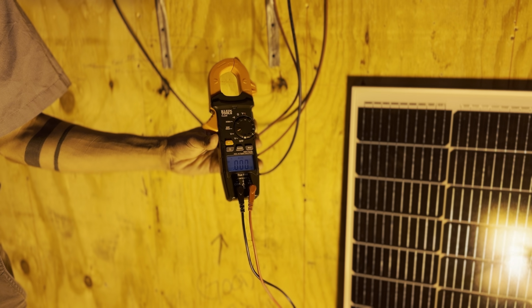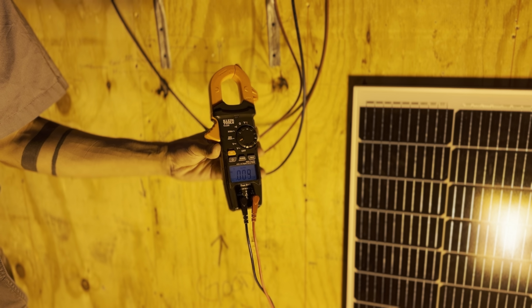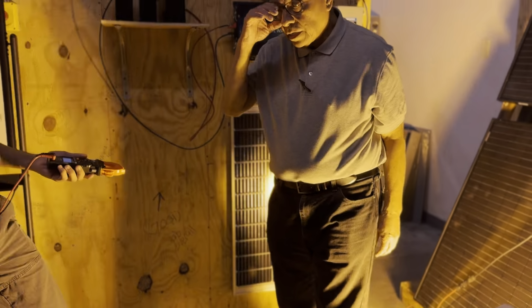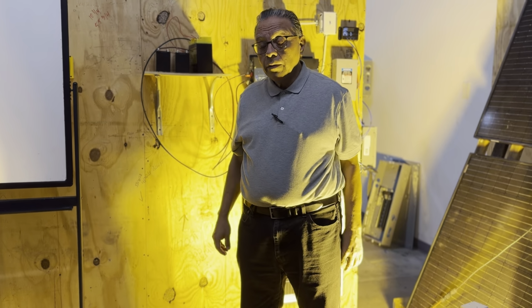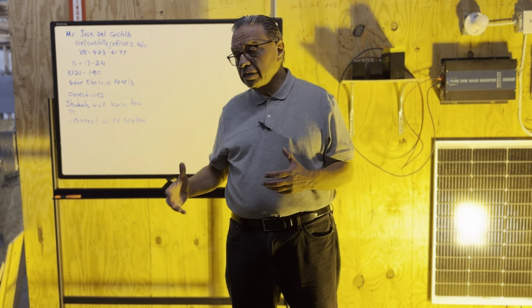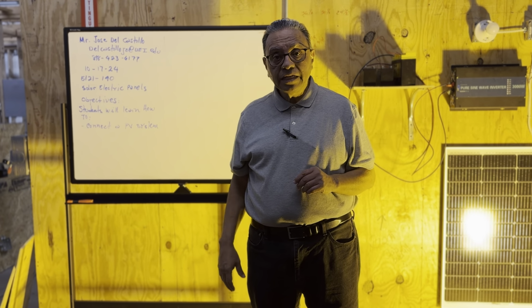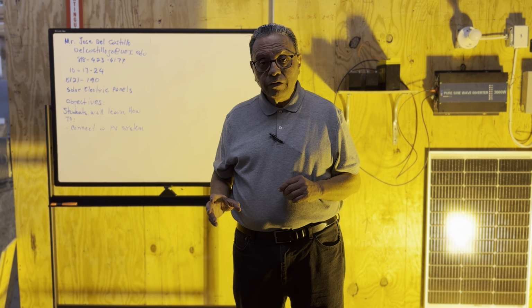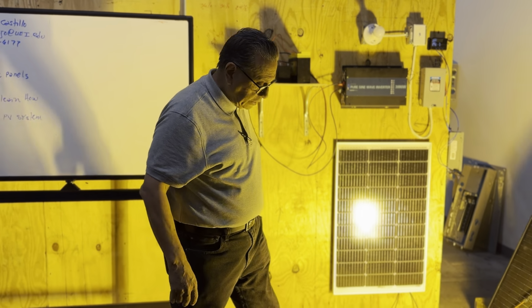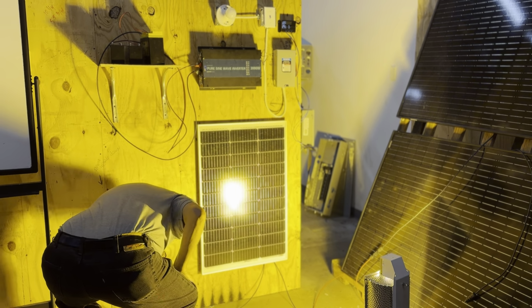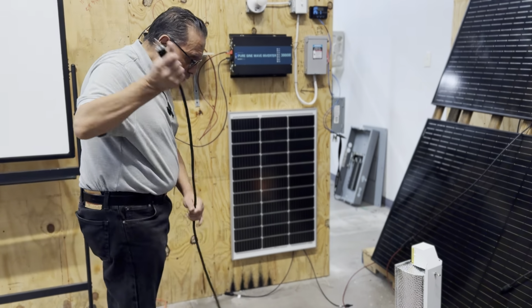But of course, we cannot use this DC energy in a dwelling unit, house or apartment. So we need to convert this energy into AC, alternating current, which is 120 volts AC, correct. Let me disconnect this because I need to be working.